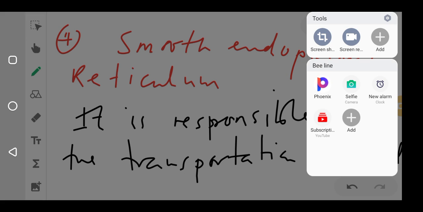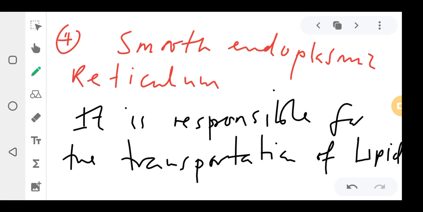S at the end, lipids. Okay, for the transportation of what? Lipids. In case you didn't see, it is lipids.